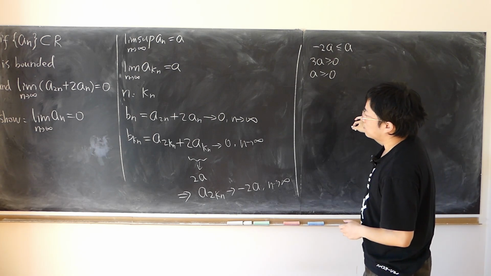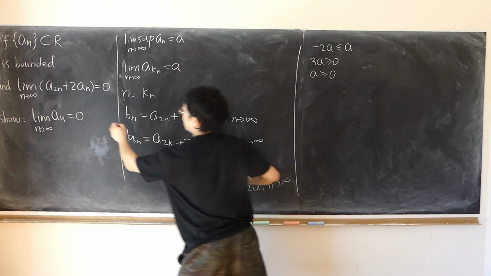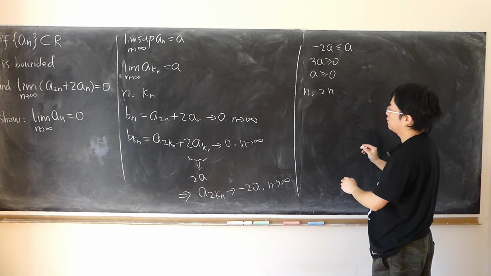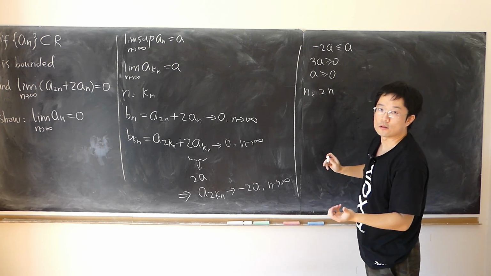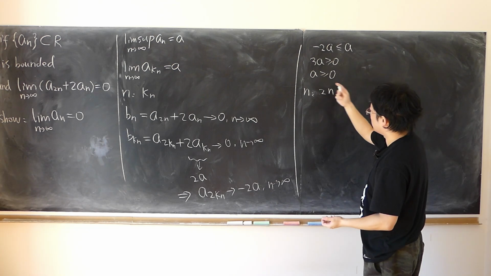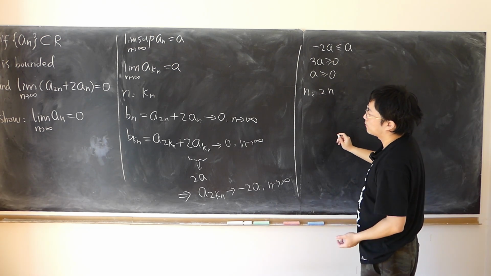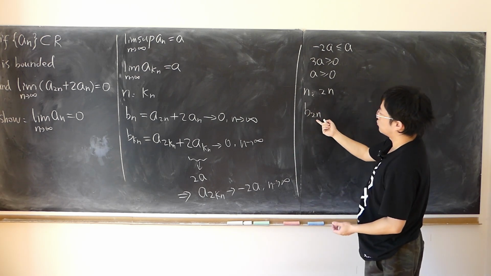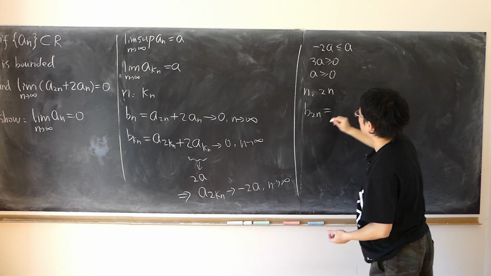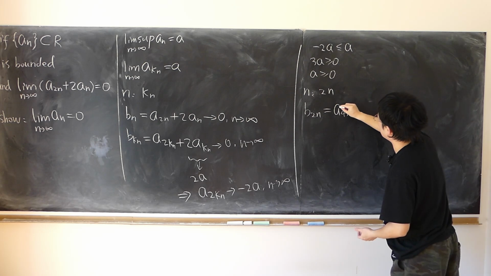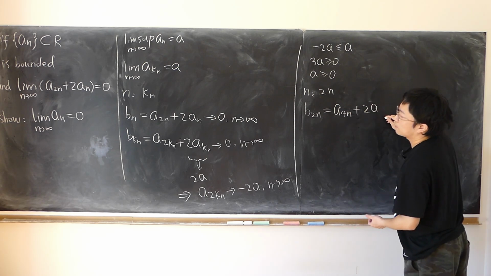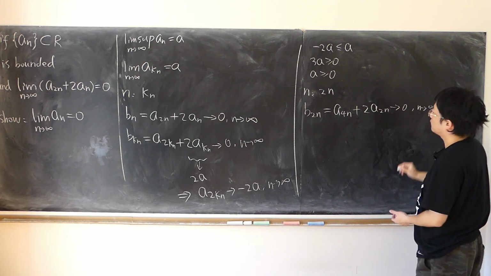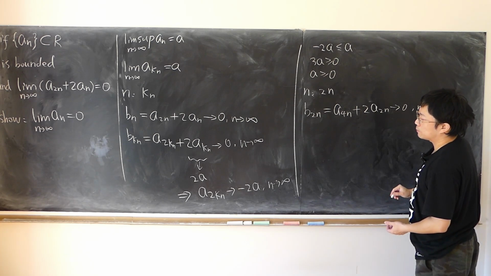Right? And again, now I'm going to replace this n with 2n, meaning also taking its subsequence, just an even sequence, even terms, right? No problem. Same result, still approaching 0. b_{2n}, a_{2n} becomes a_{4n} plus 2 times a_{2n}. The same result, right? What do I know next?